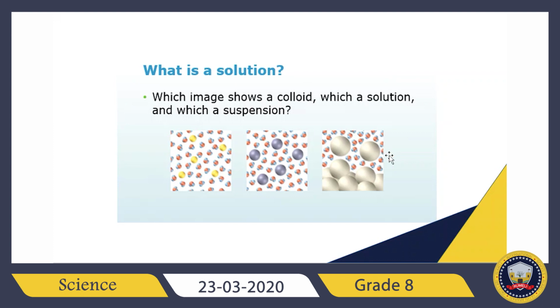And for the suspension, we discussed a mixture made up of sand and water. The sand particles are the solid that is mixed into the water, and the water is the solvent.